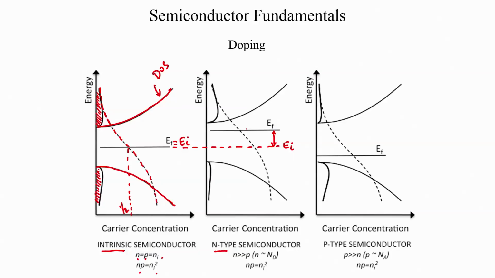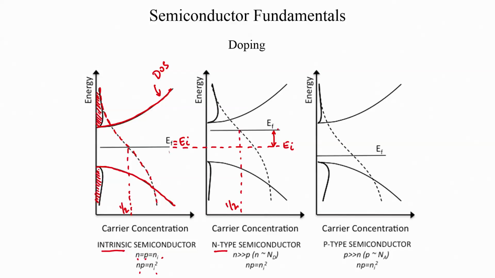Now, since the Fermi level is located at a different location from EI, the Fermi function shifts. It is no longer going to remain the same. It is now going to adjust itself so as to take a value of half at this point. Earlier the Fermi function was taking a value of half at EI, but now it is going to take a value of half at EF.